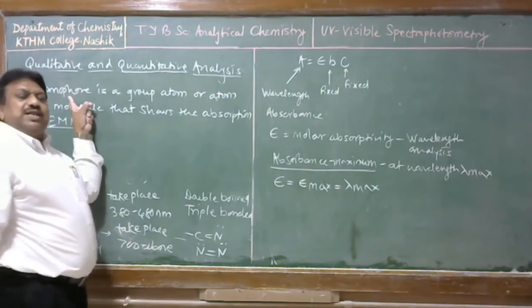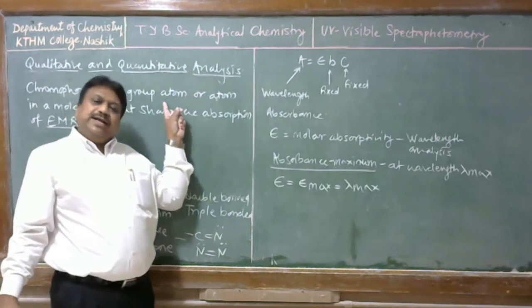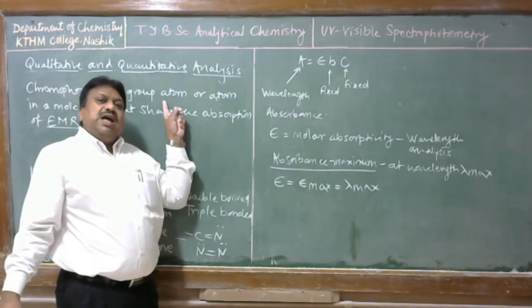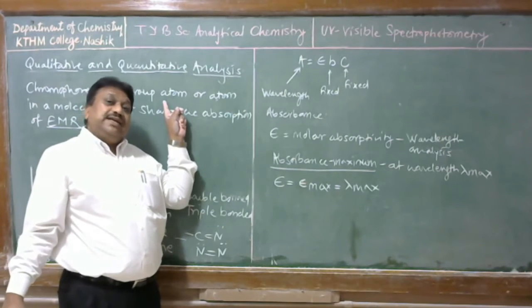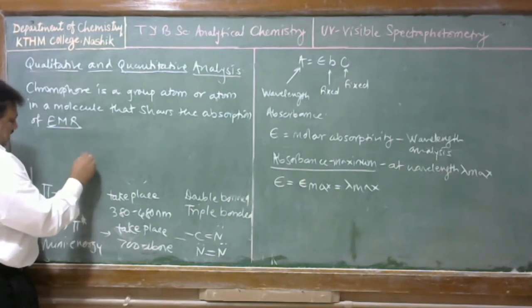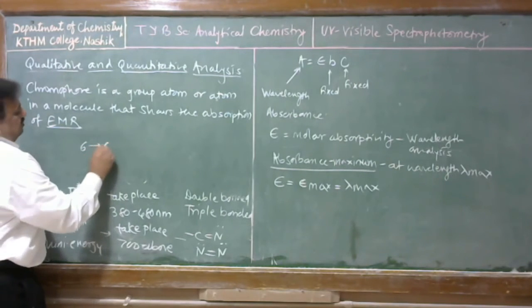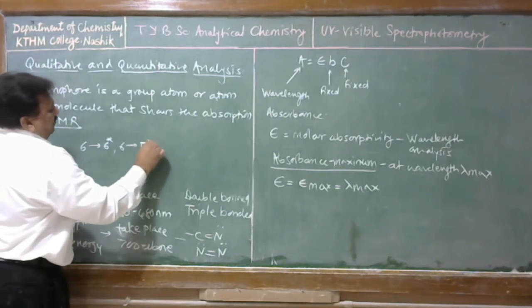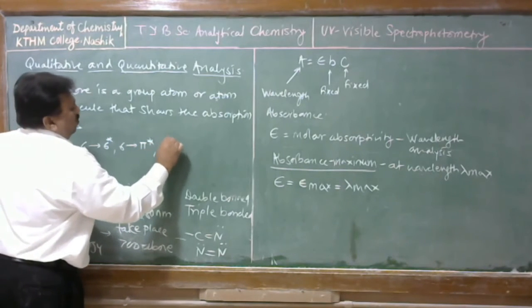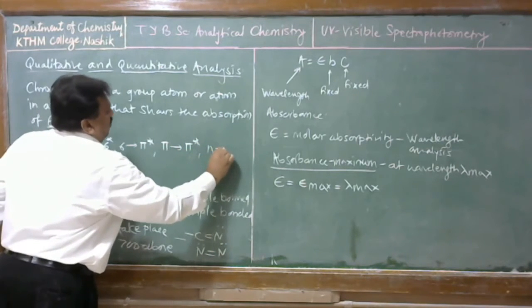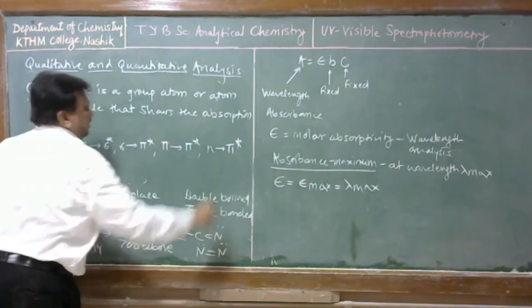Therefore, a chromophore is an atom or group of atoms present in the molecule that is actually involved in the absorption of electromagnetic radiation. Because of that, the molecule undergoes either sigma to sigma star, sigma to pi star, pi to pi star, or n to pi star type of transitions.